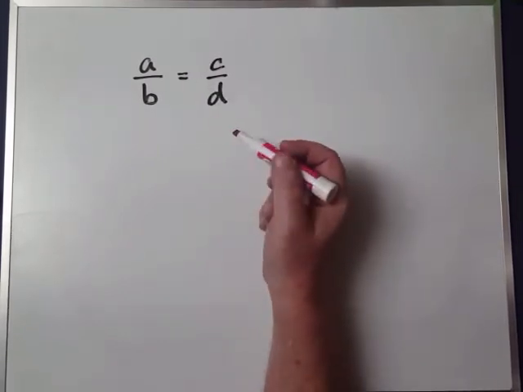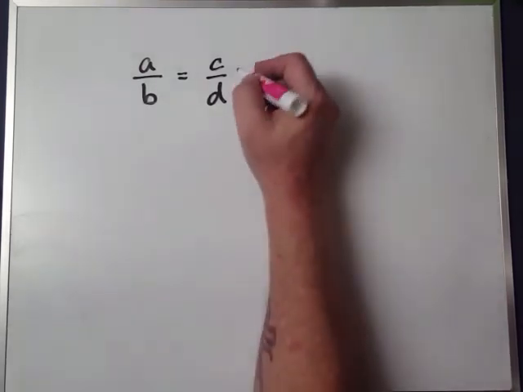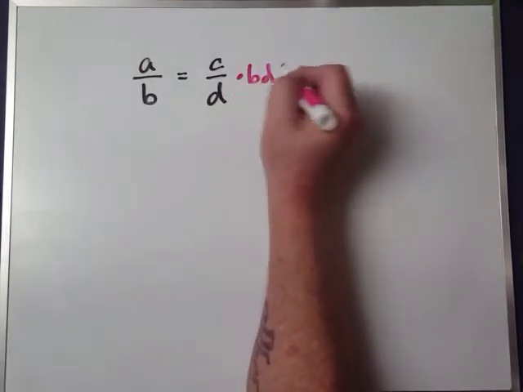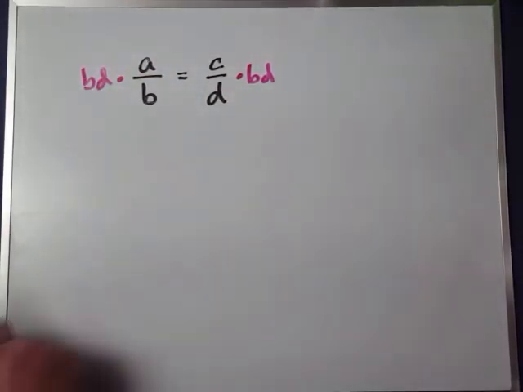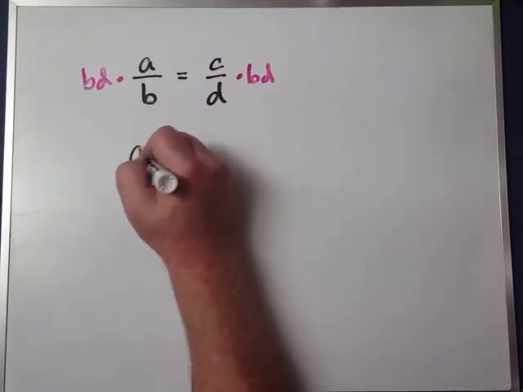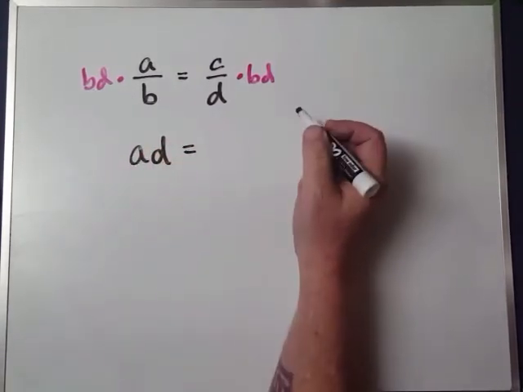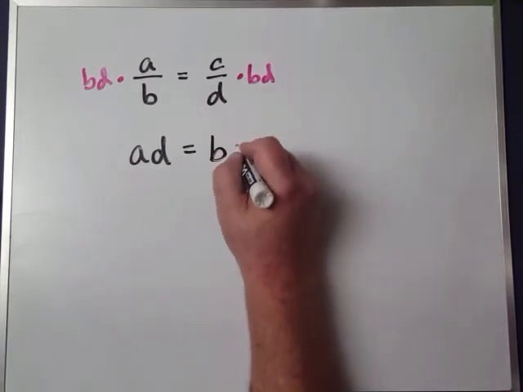An equation with fractions. Wonder what would happen if I cleared the fractions. Multiply both sides by BD. On the left-hand side, the B's will cancel to leave A times D. On the right-hand side, the D's will cancel to leave B times C.